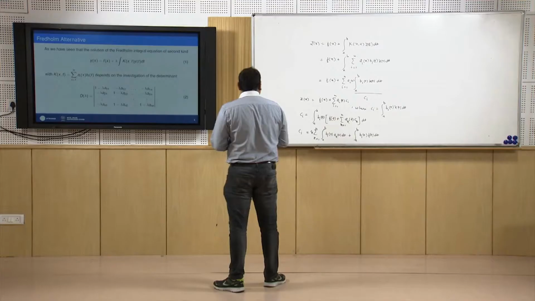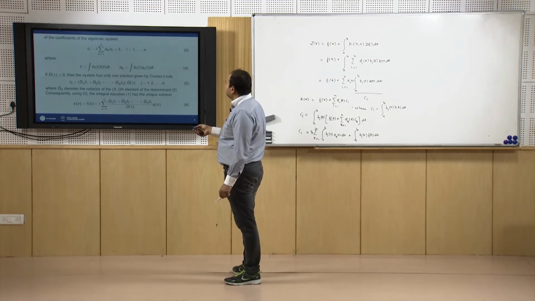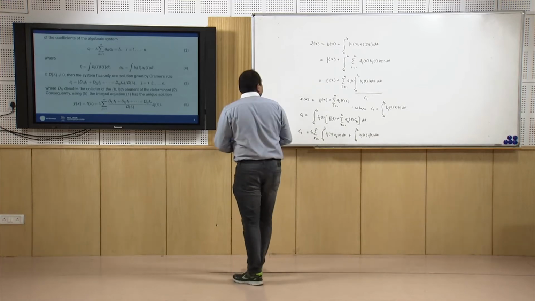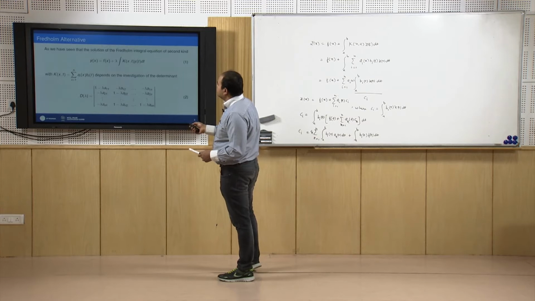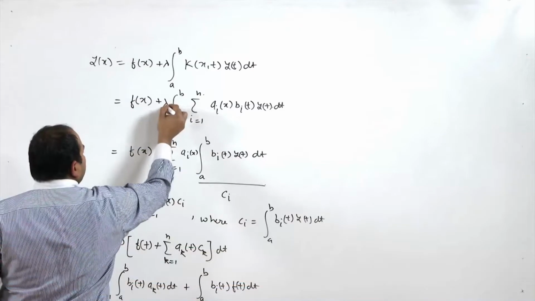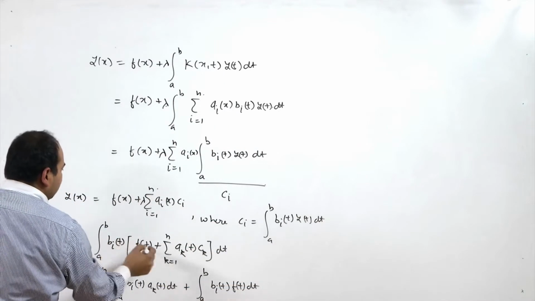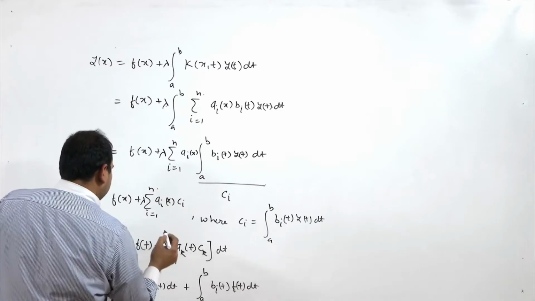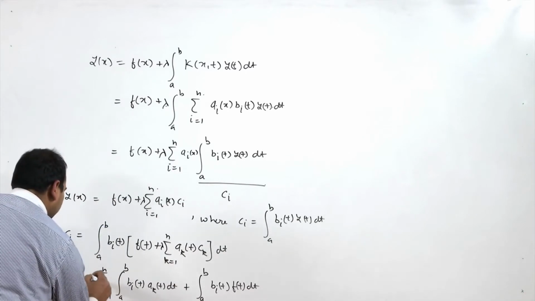If you look at this equation number 3, it is basically the same thing. By the way, I forgot to mention lambda here. So if you put lambda here, then we have lambda here as well.